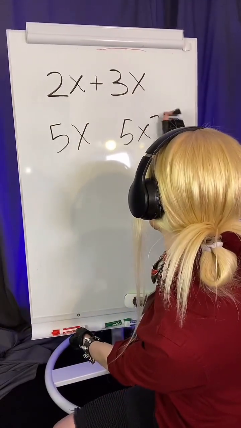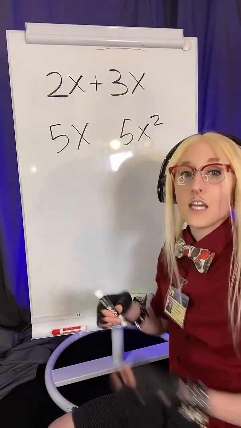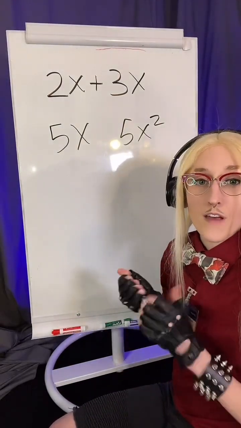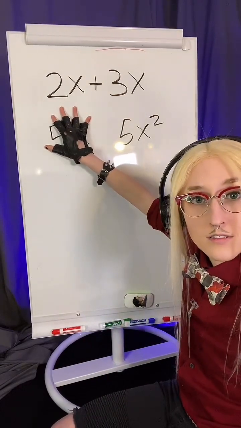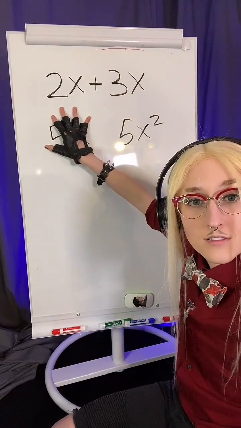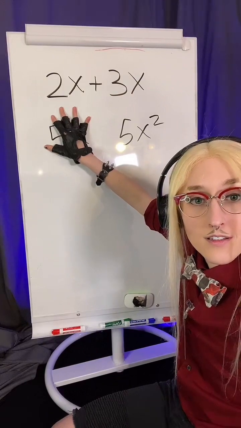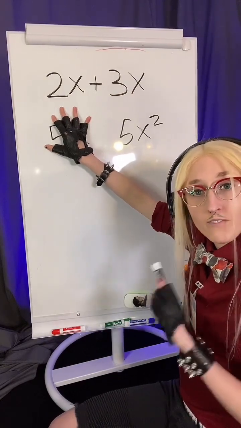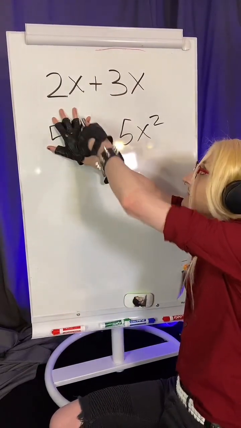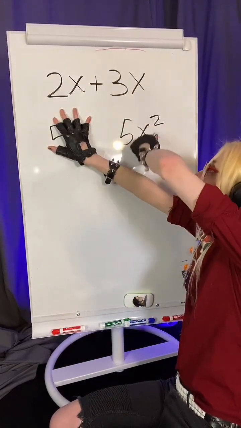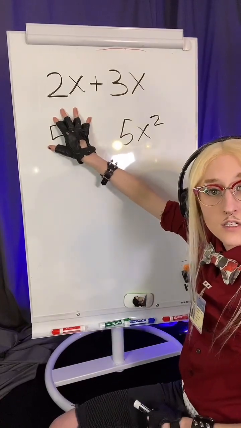And I want to talk about that 5x squared there. Could we understand how someone might get 5x squared? I could see it from that 2 plus 3 gave me 5, and then I have 2 x's, so they said squared.